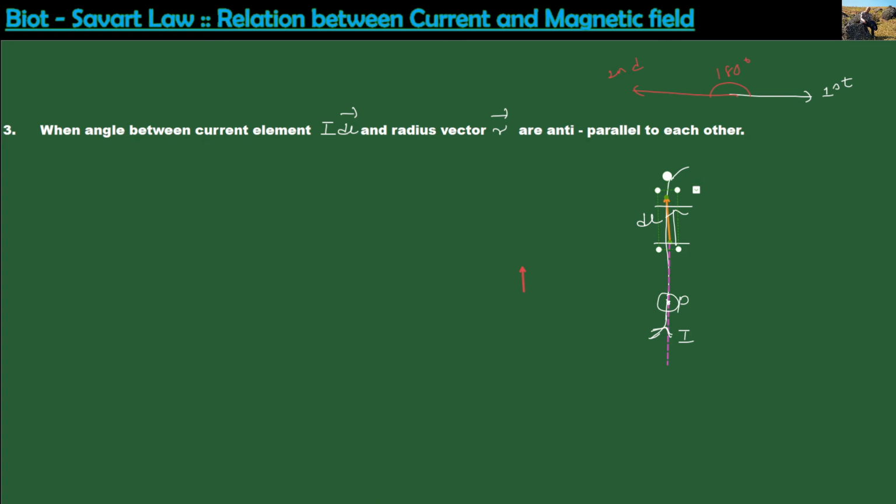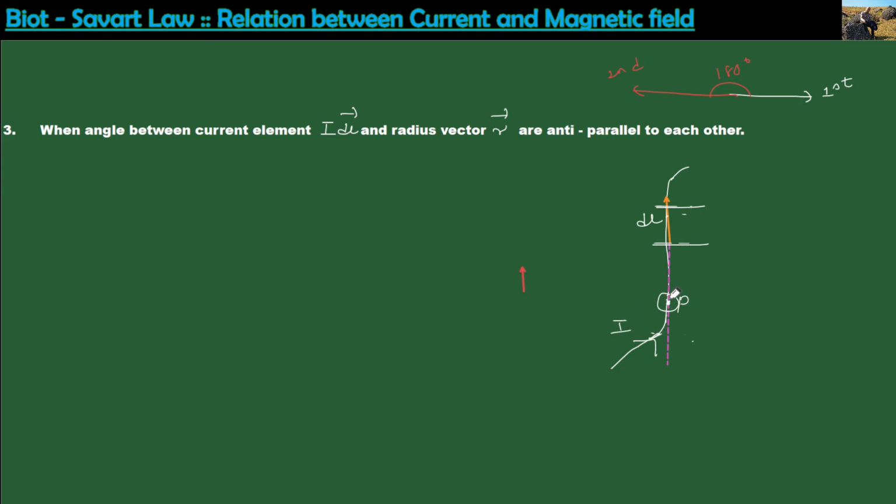That will be our I dl vector, that is our dl bar. Keep in mind that the direction of I is in the upward direction. Over here, I consider this wire, and the direction of I is in the upward direction.